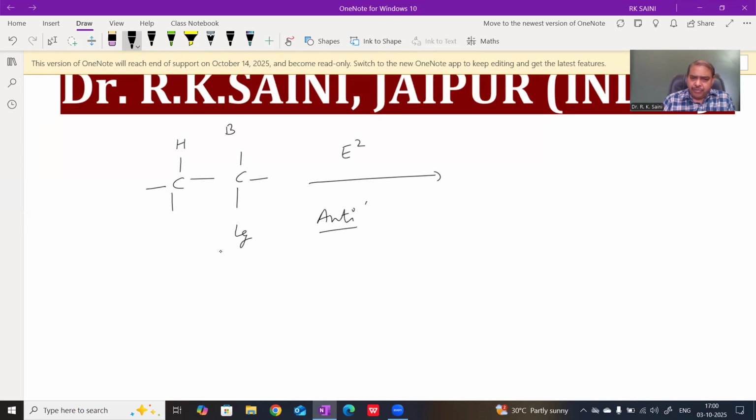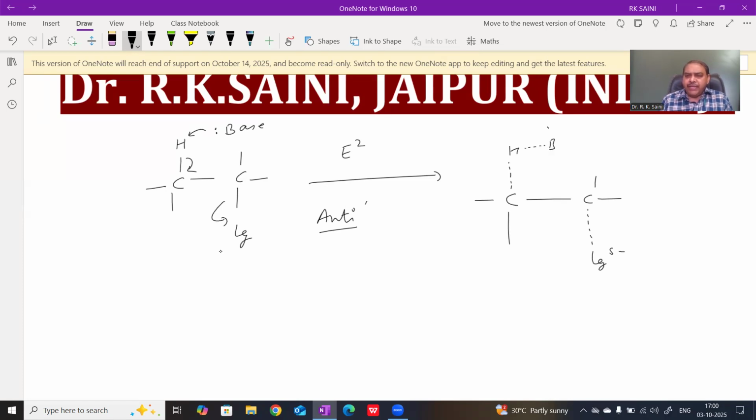Removal of the proton by the base and removal of the leaving group from the substrate take place simultaneously. Therefore, alkene character develops in the transition state. Removal of the leaving group and removal of the proton take place simultaneously in the E2 mechanism.